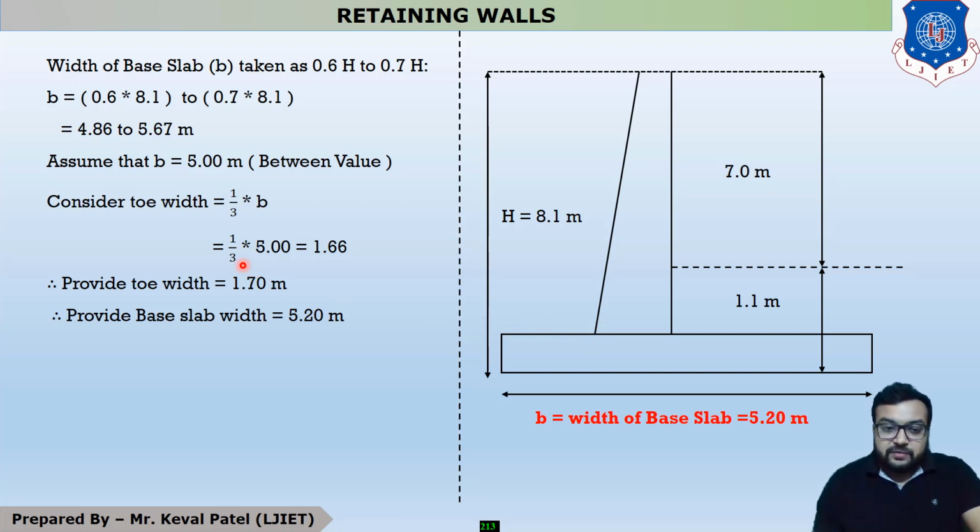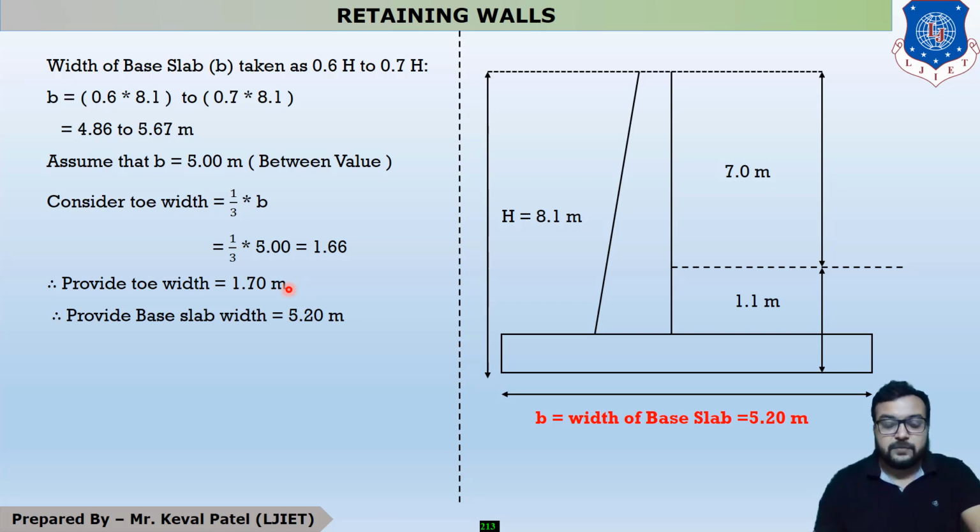Now, after that, we have to find out the width of the toe slab. So what is the equation of the width of the toe slab? The equation of the width of the toe slab is B by 3. Now what is the value of B? The value of B is assumed as, sorry, 5 meter. So 5 divided by 3 is equal to 1.66 meter. So we have to provide the width of the toe slab as 1.70 meter.